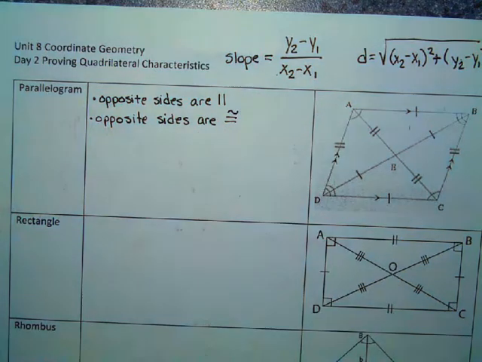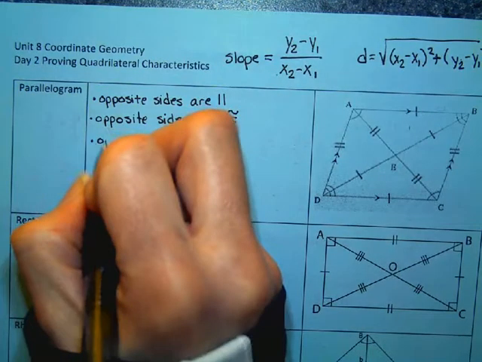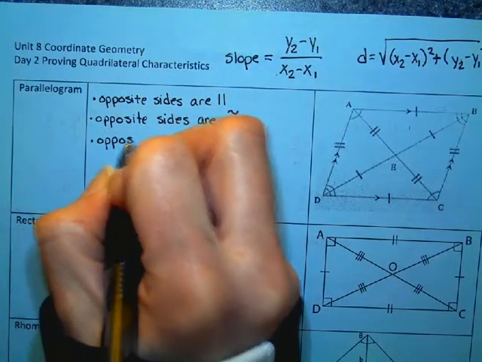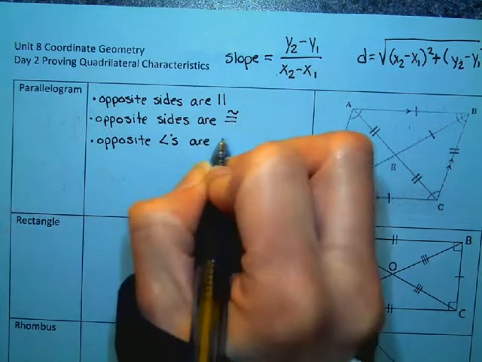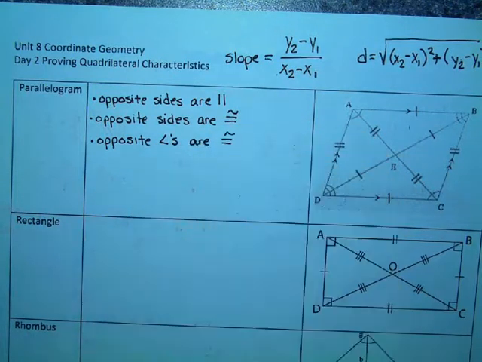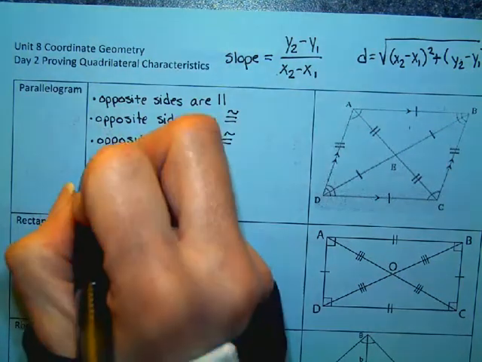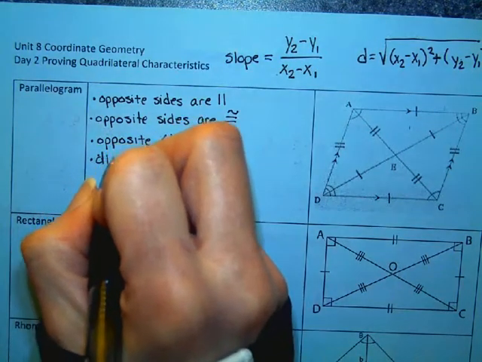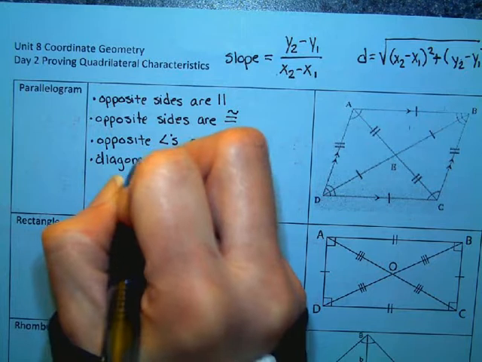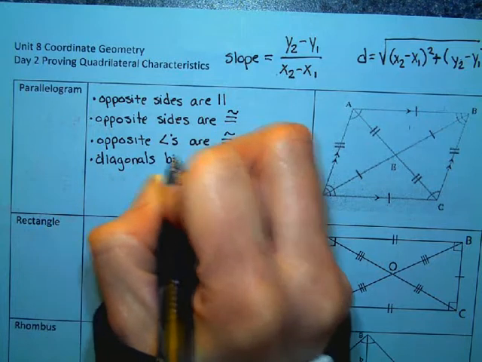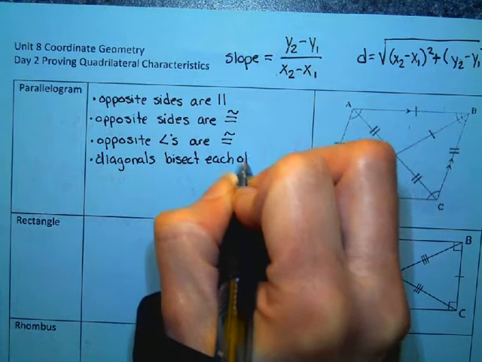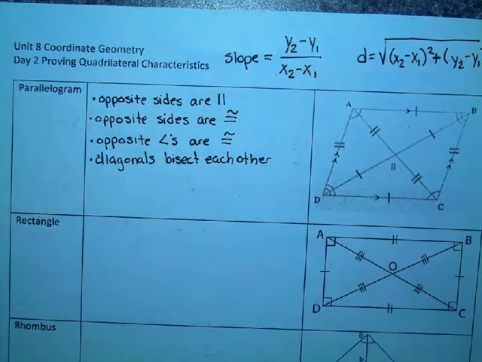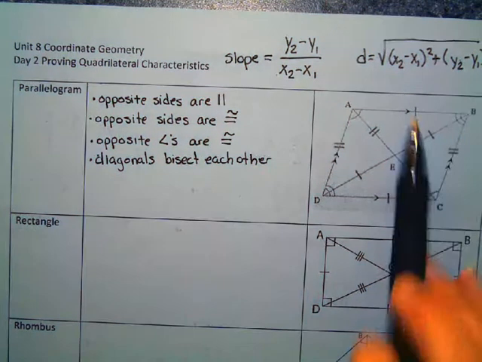One of the things that we have in the picture, opposite angles are congruent. We have diagonals bisect each other. Let's see, those are those marks, those marks, those marks, those marks.